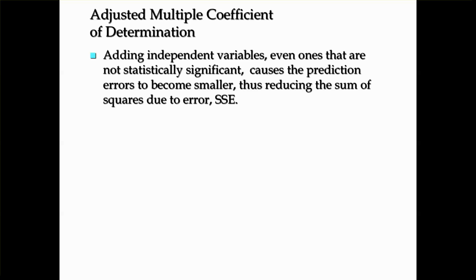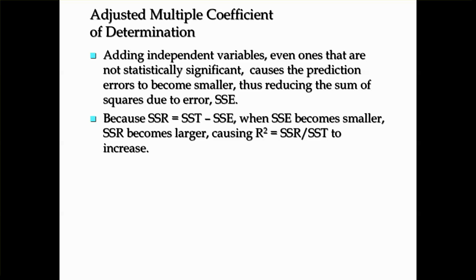The next statistic we'll look at is the adjusted multiple coefficient of determination. We learned the multiple coefficient of determination before, but this one is adjusted. What is used to adjust our coefficient of determination? Let's look at the background. Adding independent variables, even ones that are not statistically significant, causes the prediction error to become smaller, thus reducing the sum of squares due to error.